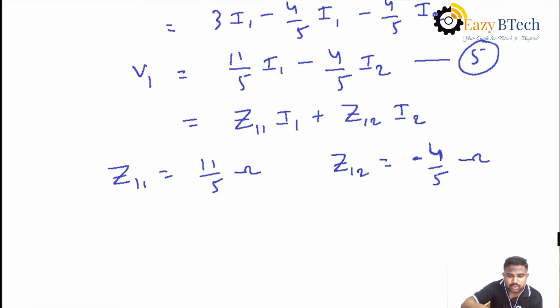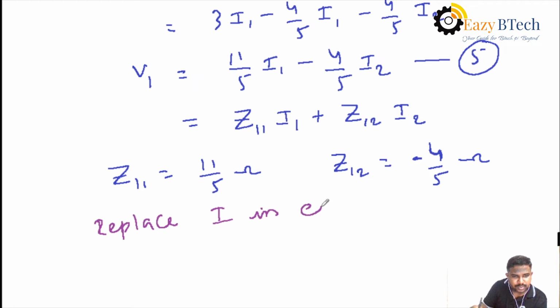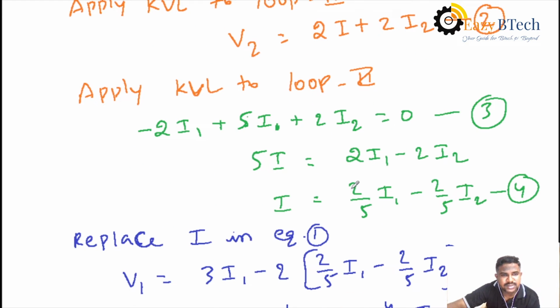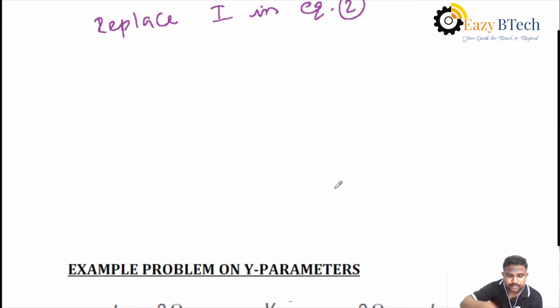That is, you have to replace the value of I in equation 2. What is equation 2? That is, V2 equal to 2 into I plus 2 I2.